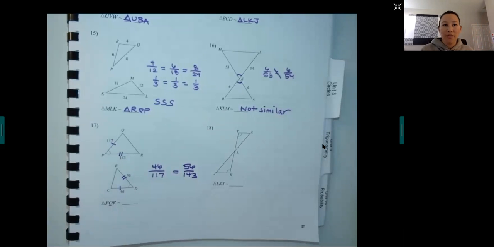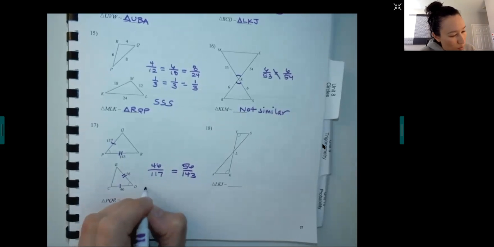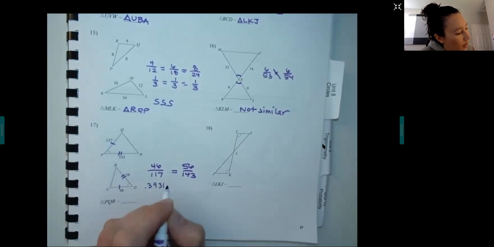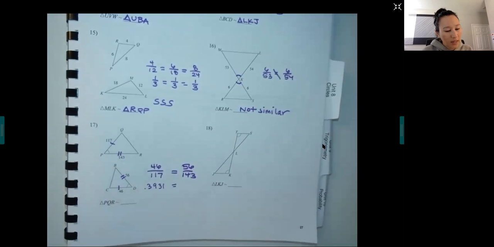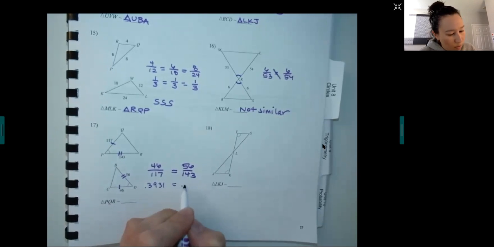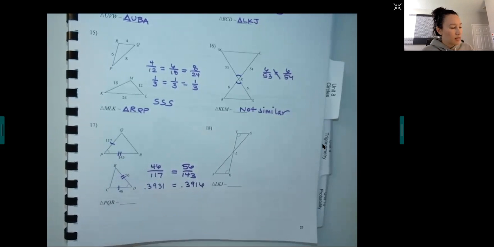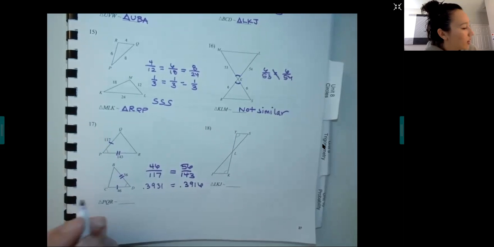I'm not sure what we can divide those by, so I'll do it as a decimal. 46 divided by 117 is 0.3931. 56 divided by 143 is 0.3916. So no, they are not similar.